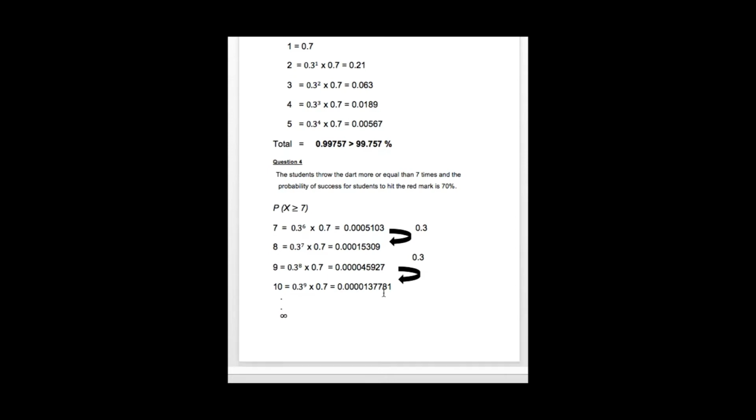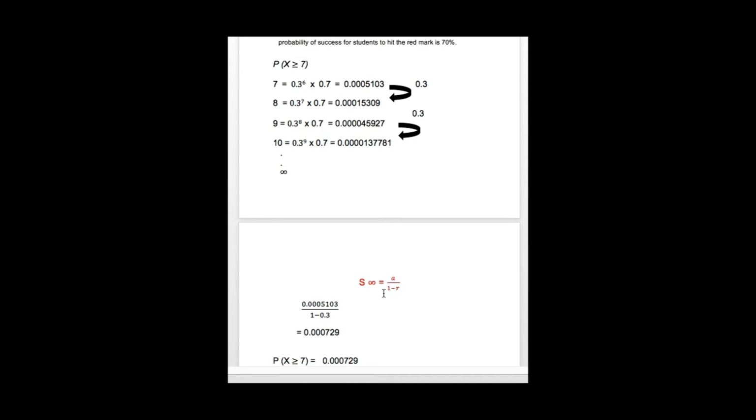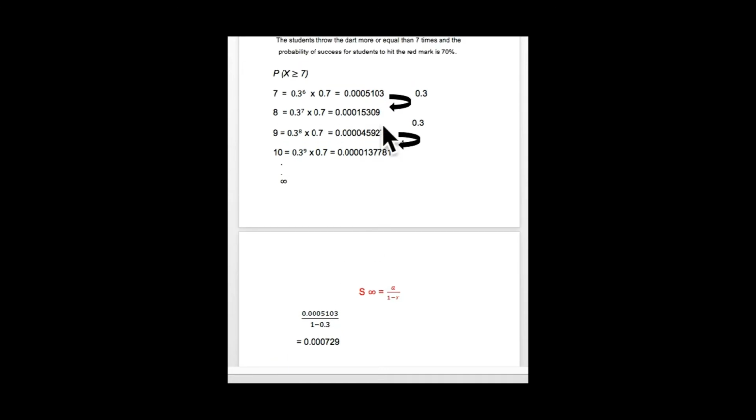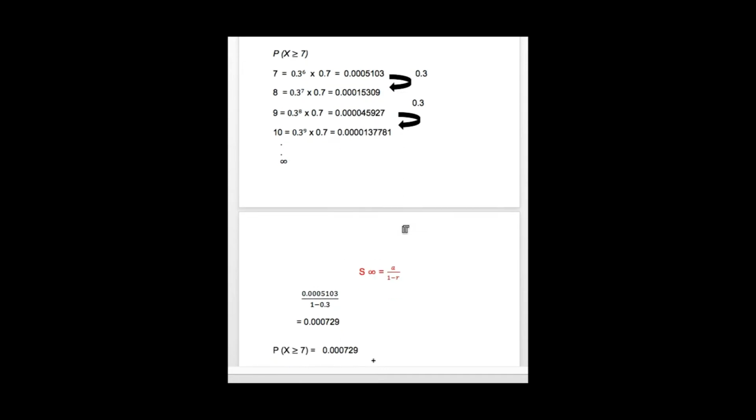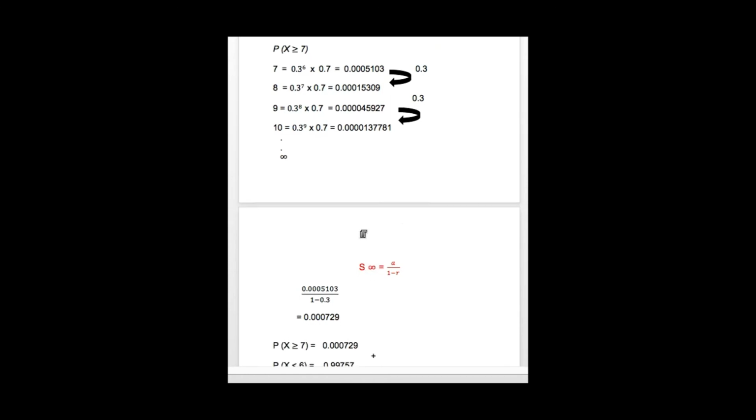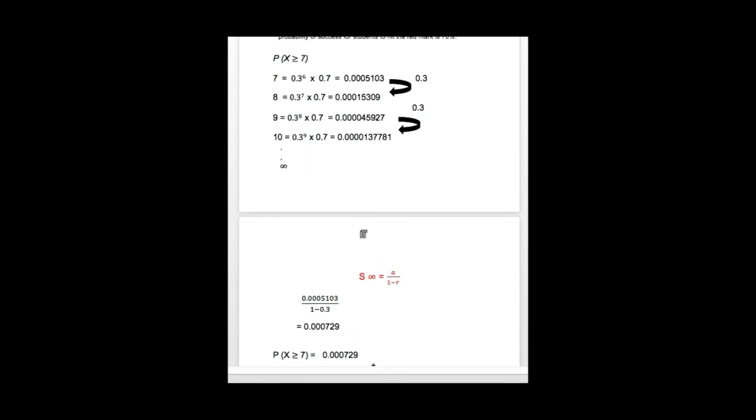After we get all the data, we cannot search until infinity, so we use the formula S infinity equal to a over 1 minus r. a is the first number that we found, which is 0.3 to the power of 6 multiplied by 0.7, this answer, divided by 1 minus 0.3. r is the common ratio.